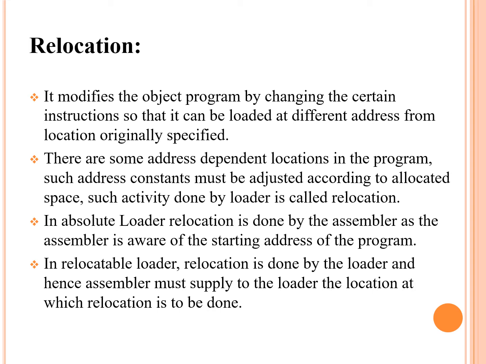Such activity done by the loader is called relocation. In an absolute loader, relocation is done by the assembler, as the assembler is aware of the starting address of the program. In a relocatable loader, relocation is done by the loader, and hence the assembler must supply to the loader the location at which relocation is to be done.